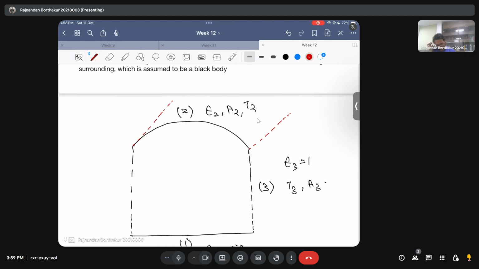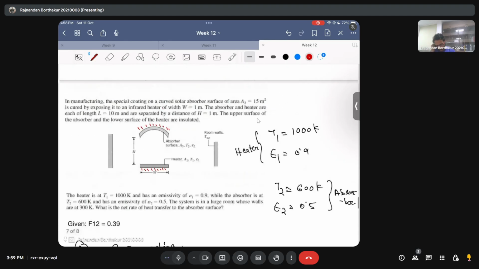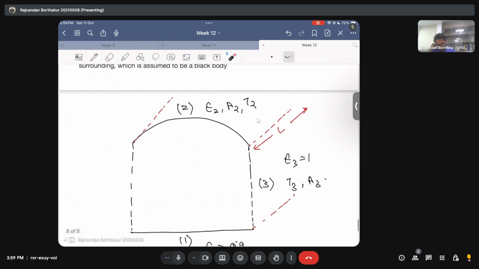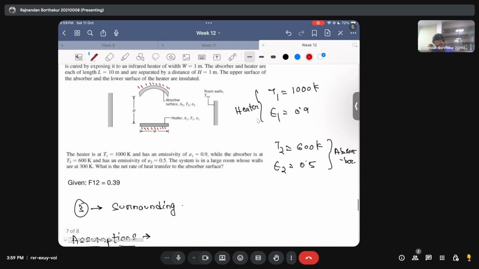So this length, as you can see, is given as L, and I think they have given this length to be equal to 10. Yeah, it's given to be equal to 10.